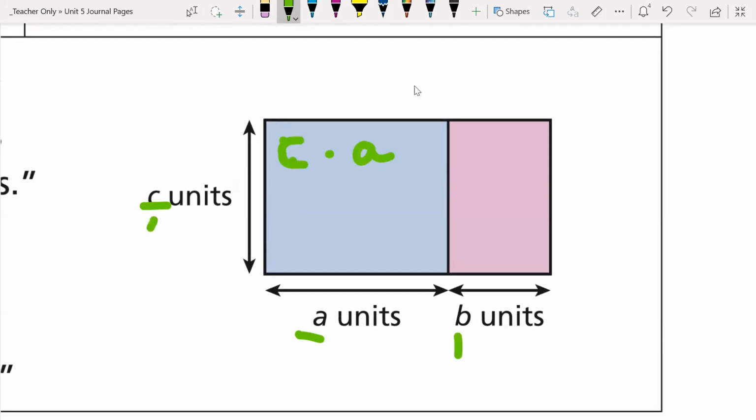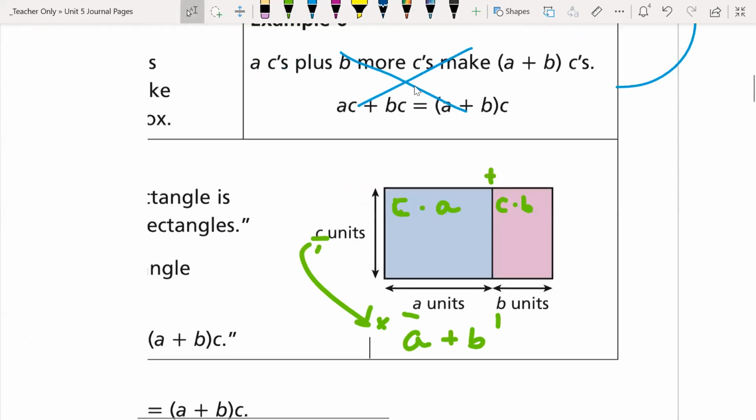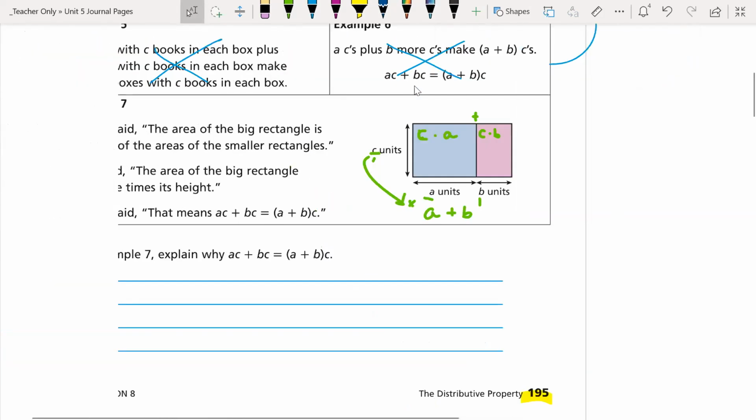And then C times B is the same thing. Adding these together is the same as adding A and B together and then multiplying by C. Right? Those are the same things. So let's keep that in mind as we move forward.